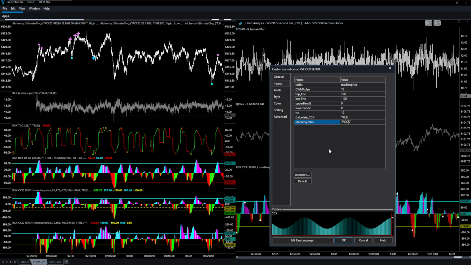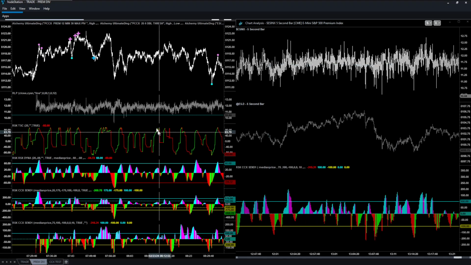All of this data here is being sent to the ultimate divergence indicator, and we're using the divergence that is occurring in data 2 to generate the divergence signal in data 1.